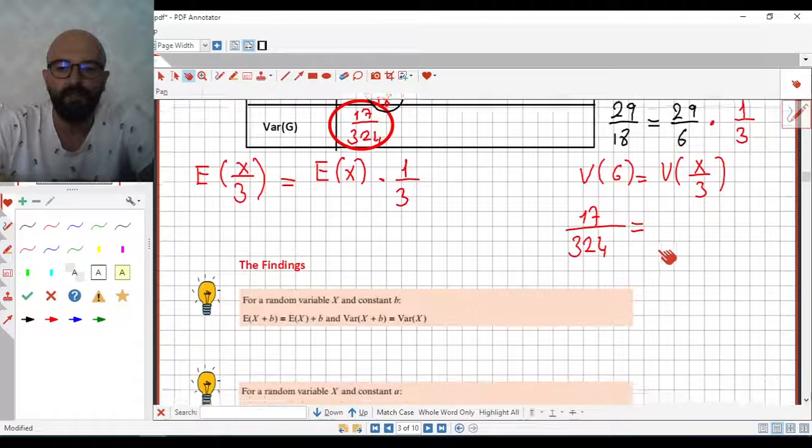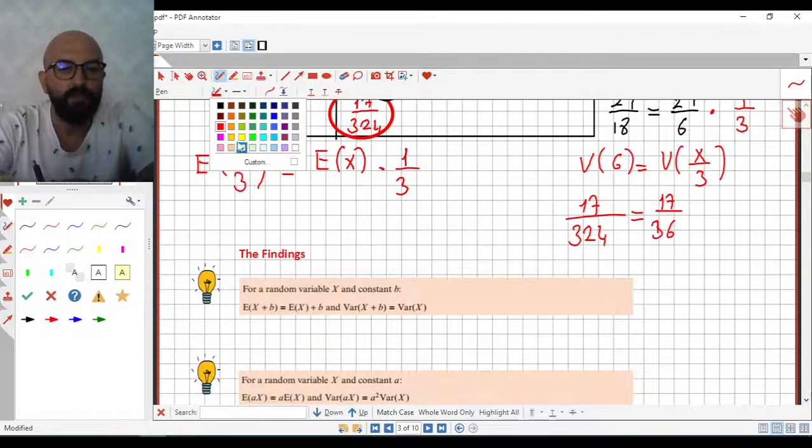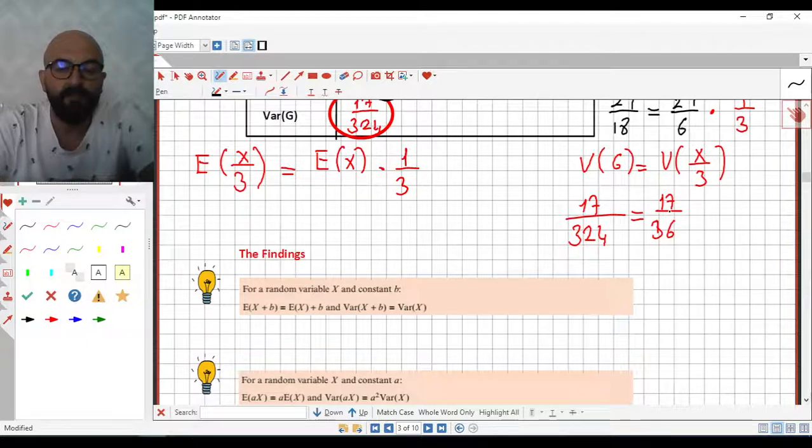If you multiply 17 over 36 by 1 over 9, it becomes 17 over 324.